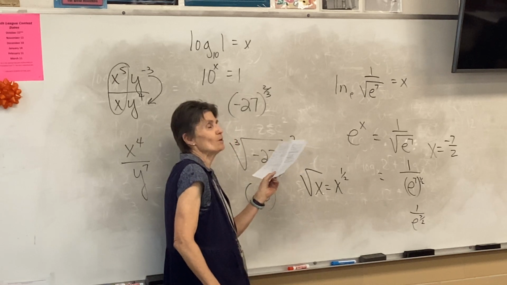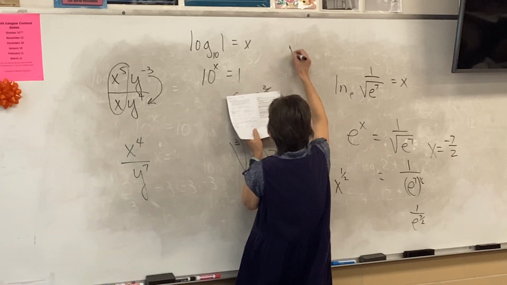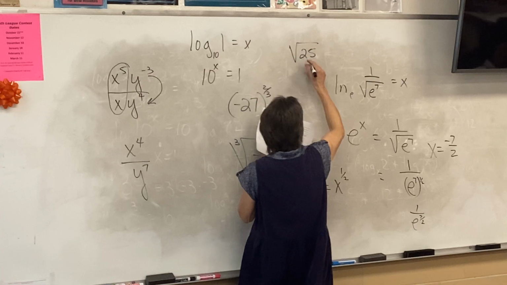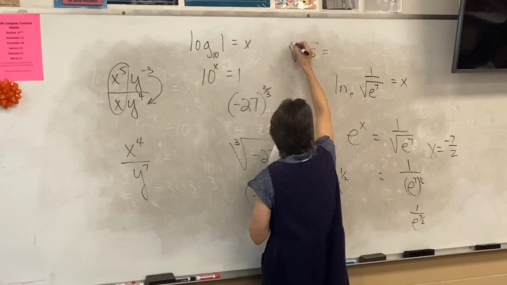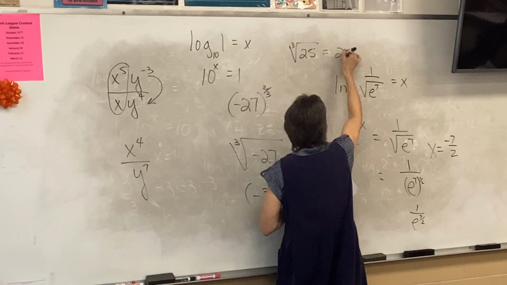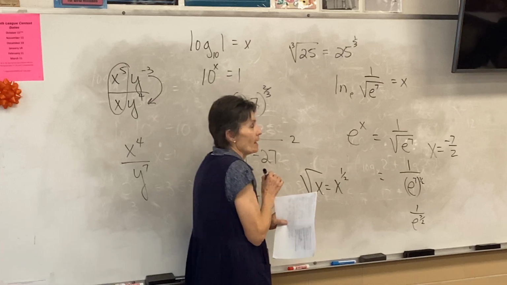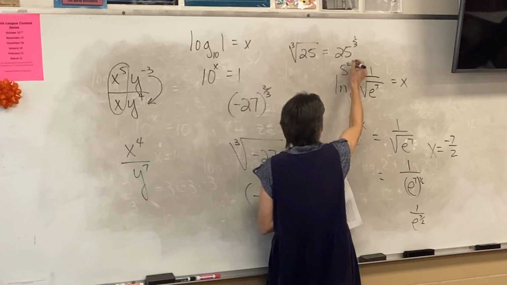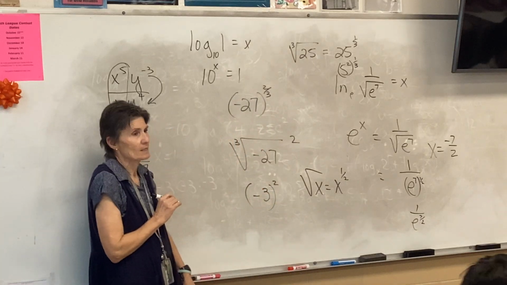No. 2 over 3. Guys, the square root of 25 is 25 to the 1/3. And 25 is 5 squared. So your exponent is 2/3.